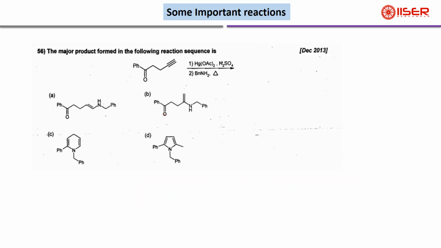Let's go to the next question. What is the major product formed in the following reaction sequence? Similar oxymercuration demercuration reaction. Just think for a moment, I'll give you 2 seconds. In a similar way, it will form a cyclic cation with mercury.